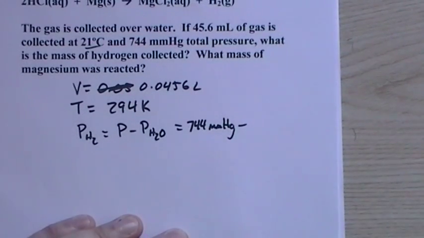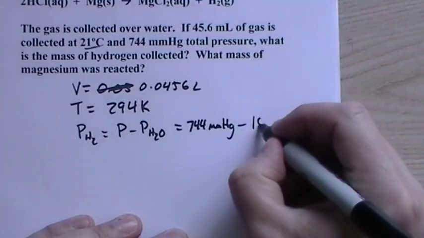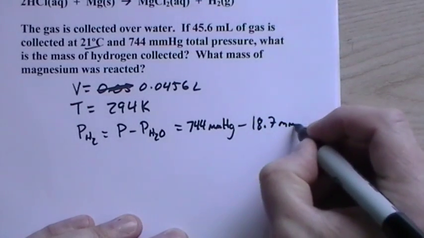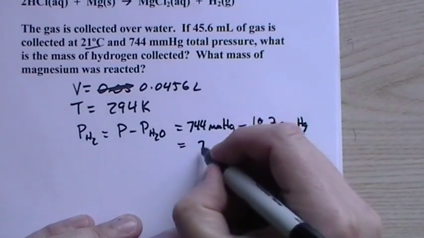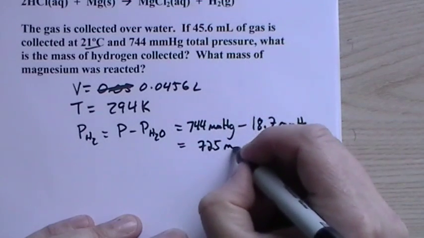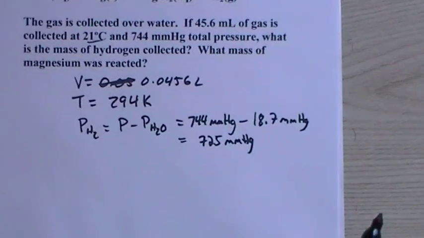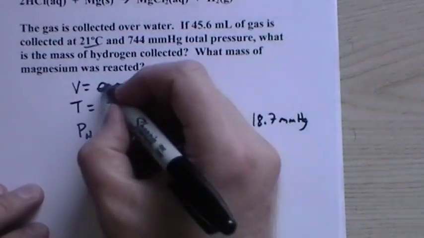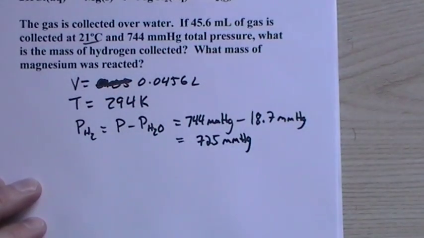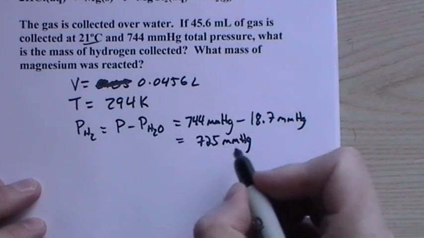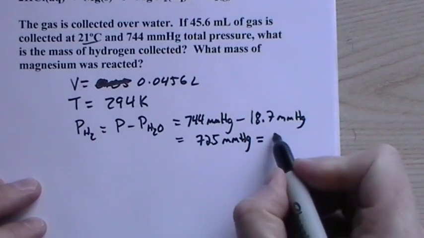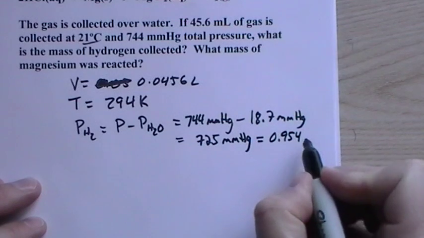At 21 degrees Celsius, I get 18.7 millimeters of mercury. So we subtract, this is 725. I know that offhand because I made a mistake. I ran out of room on the first try of this problem. And then we can convert this over to atmospheres. So this is 0.954 atmospheres.